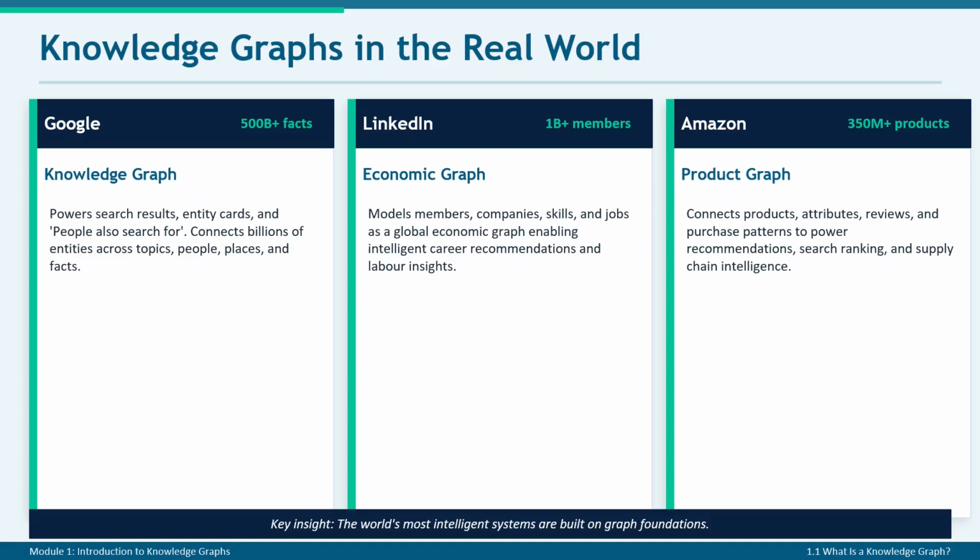Amazon's product graph connects hundreds of millions of products with their attributes, customer reviews, purchase patterns, and supplier relationships, enabling the recommendation engine and smart search you see on the site every day. The key insight here is that the world's most intelligent, high-value systems are not built on flat tables. They are built on graph foundations. And that is precisely why we are learning this.